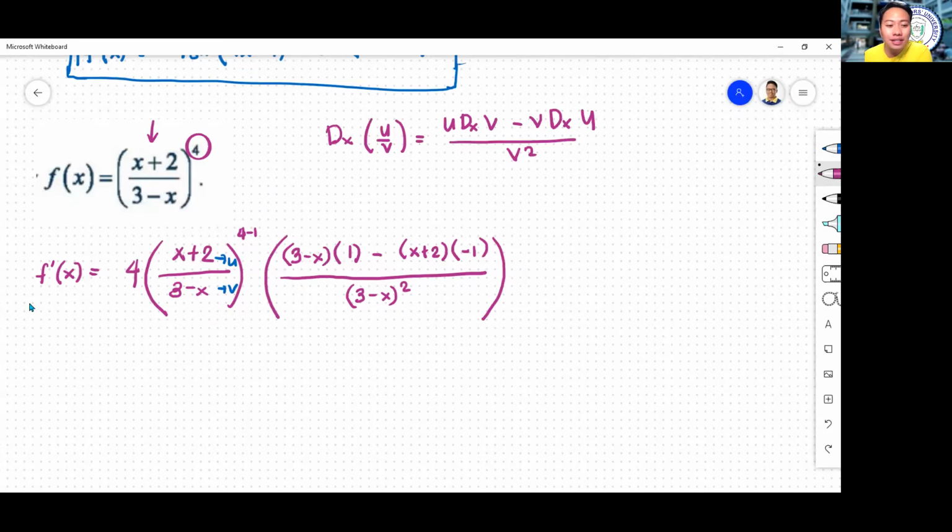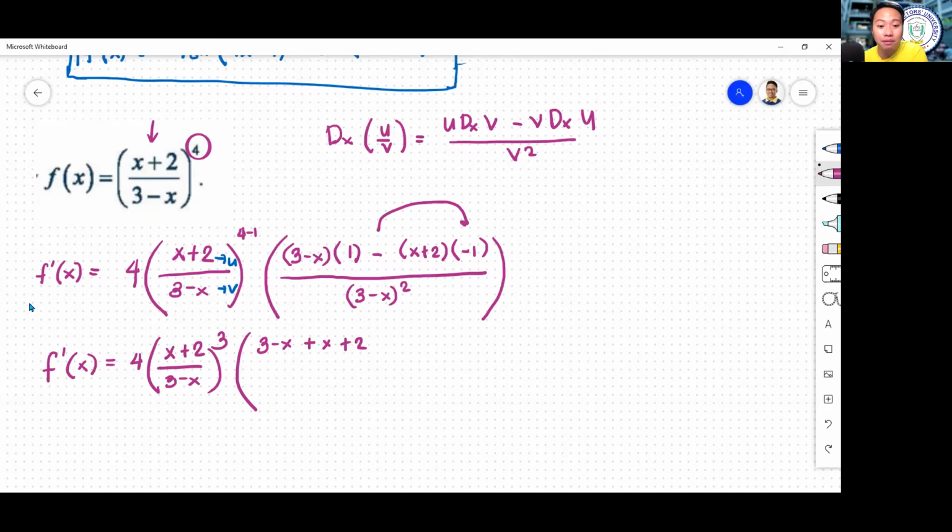So let's continue simplifying things. F prime of x, we have 4 times x plus 2 over 3 minus x raised to the power of 3. And then simplifying these things in the second parenthesis, guys, we have 3 minus x plus x plus 2, because when you multiply this negative to negative 1, that becomes positive.